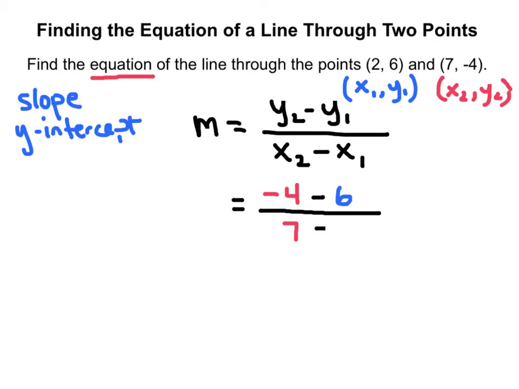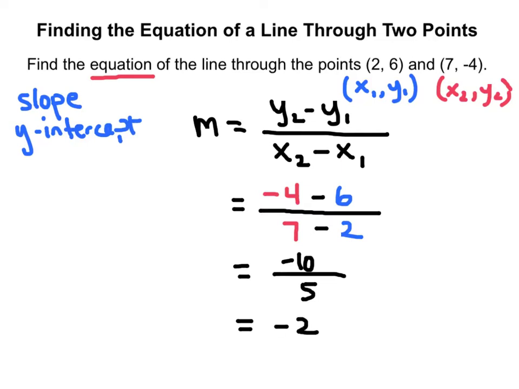Now we simplify the numerator and denominator. -4 minus 6 is -10, and 7 minus 2 is 5. If possible, we try to reduce, and -10 over 5 reduces to -2.